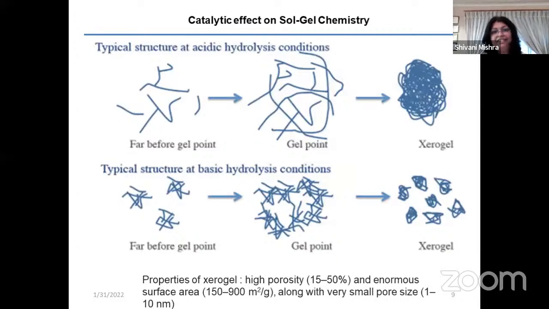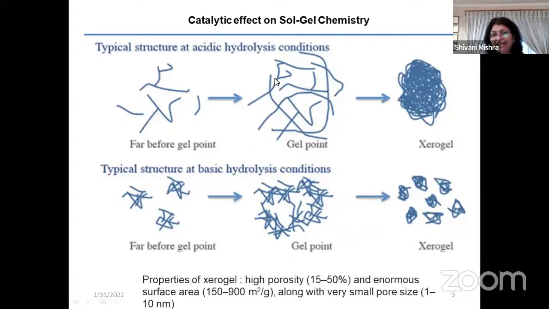When we do acidic hydrolysis, what happens? And when we have the basic hydrolysis conditions, what happens? So we have this monomeric structure, the structure in the sol form, or the structures in the colloidal form, and then at the gel point, these monomers enlarge into the oligomeric form.